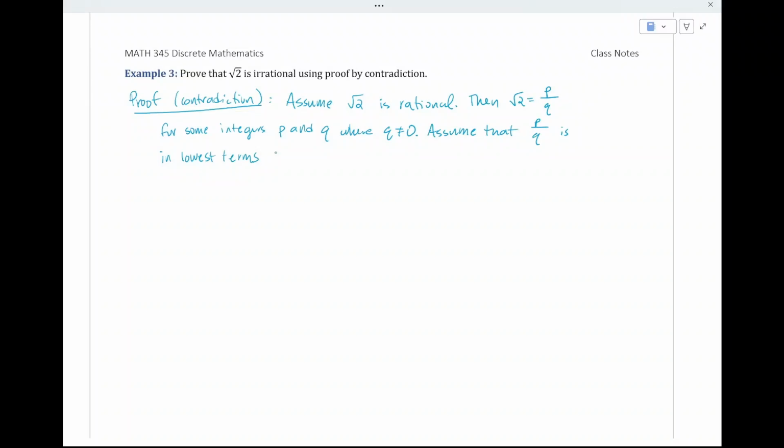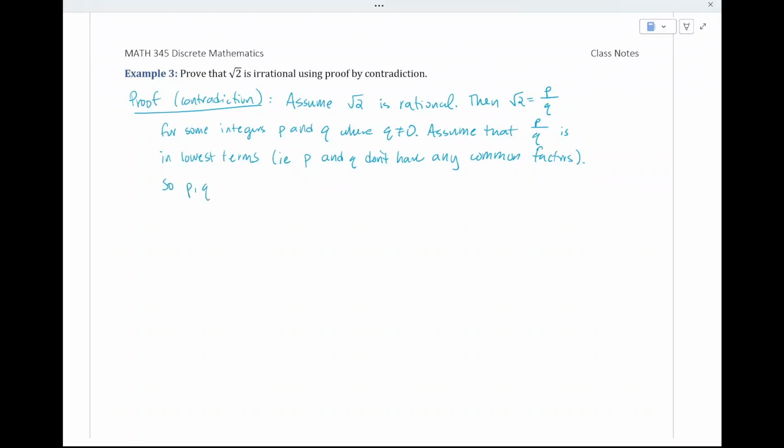So, i.e., P and Q don't have any common factors. Okay, so this is our setup. So if we know they don't have any common factors, we know that P and Q both can't be even.